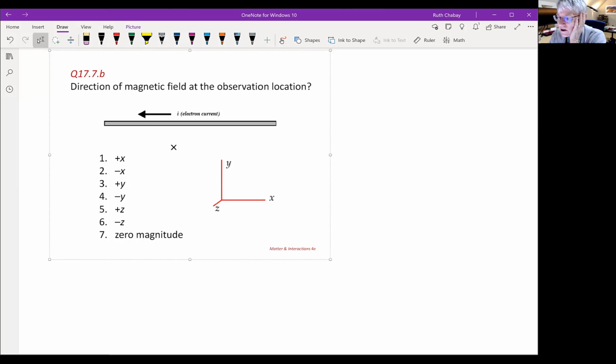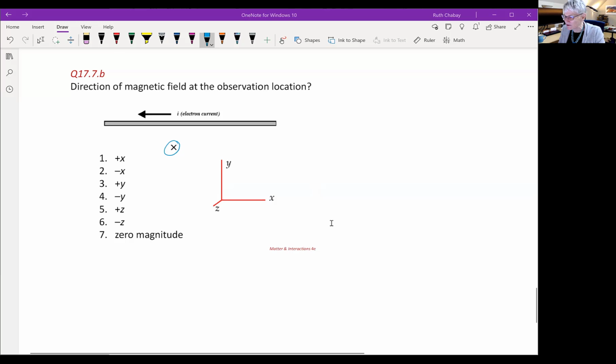The observation location is this x here, so it's basically in the minus y. It's below the wire in the minus y direction. Okay. So hold out your right hand and remember that these are electrons, not positive charges. Yeah, you have to take that last step.